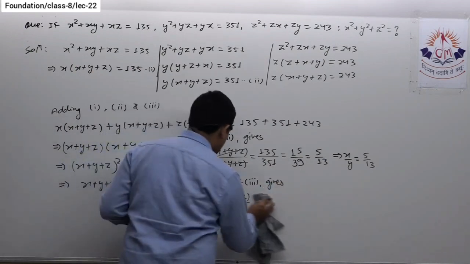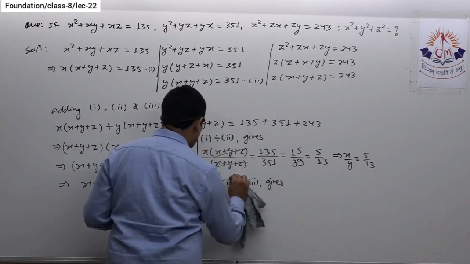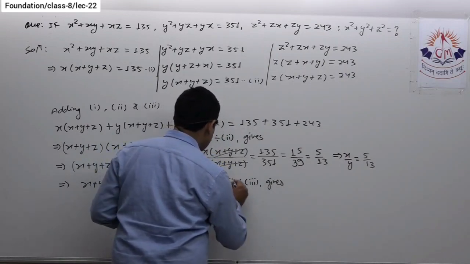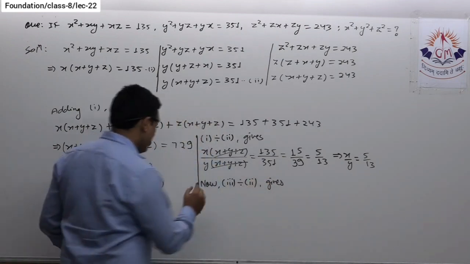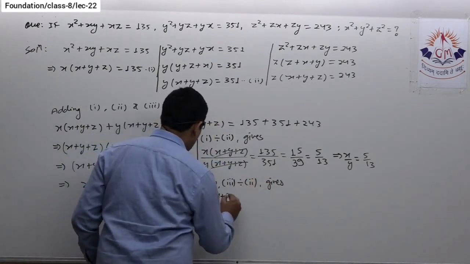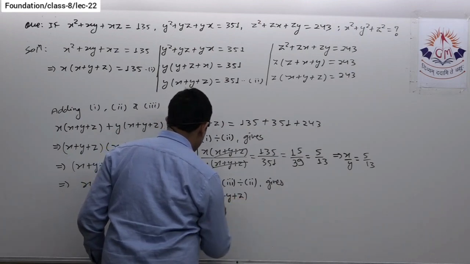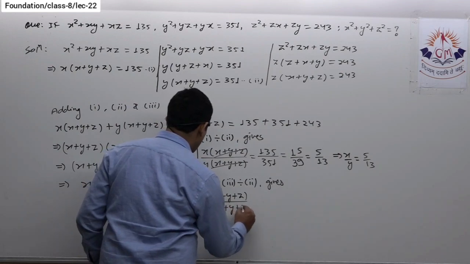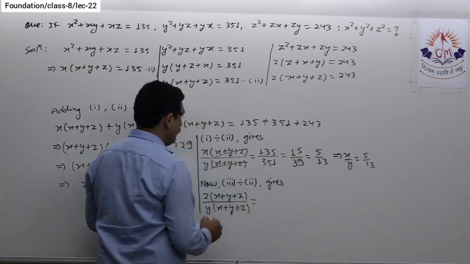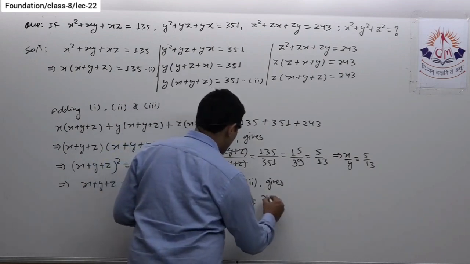See here, y is in the denominator, so I am also trying to keep y in the denominator. So I am changing it a little bit: third divided by second. So third is z times (x plus y plus z) upon y times (x plus y plus z) is equal to, now here this is 243.